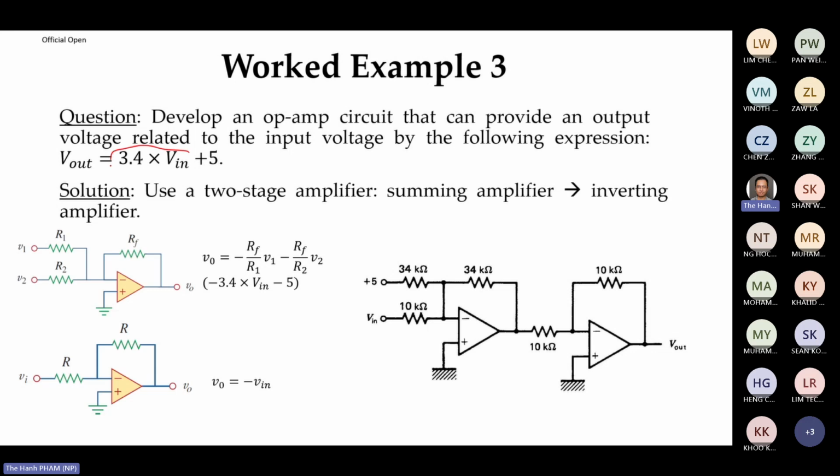So you do not just amplify, this one is amplify because again it's 3.4. And at the same time, you move everything by 5 volt. So not just gain, but you also change the bias. Right? So let's take a look at this.